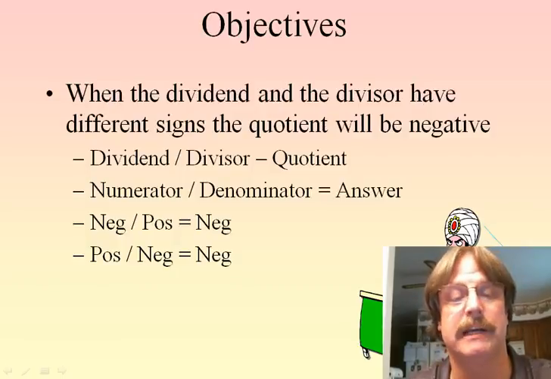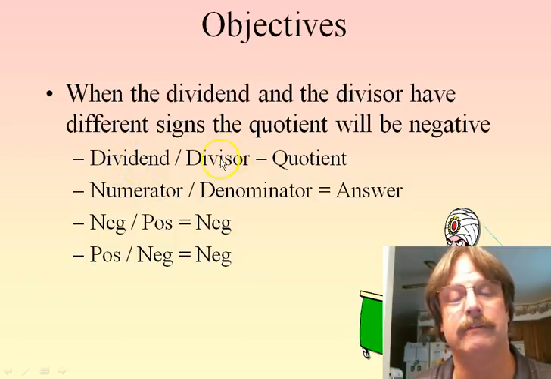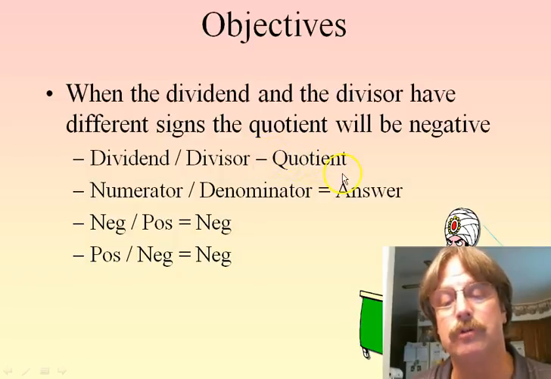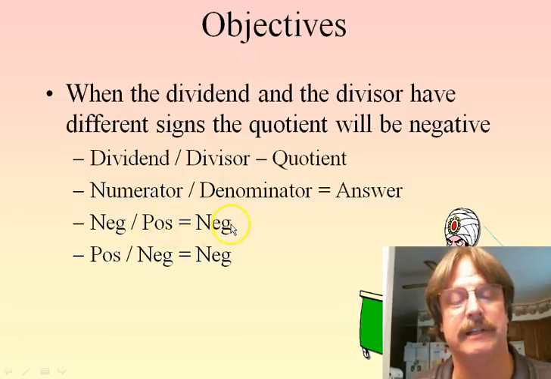Just as a review, when the dividend and the divisor have different signs, the quotient will be negative. I put it so hopefully you can remember here: the dividend is in the numerator, the divisor is the denominator, and then your answer is the quotient. So a negative divided by a positive is a negative.